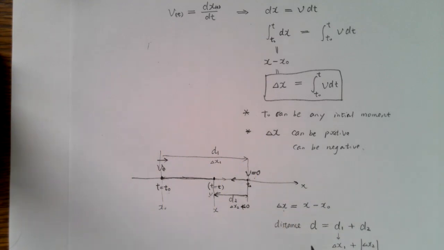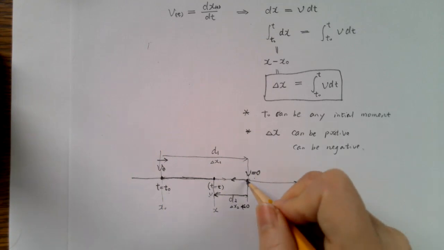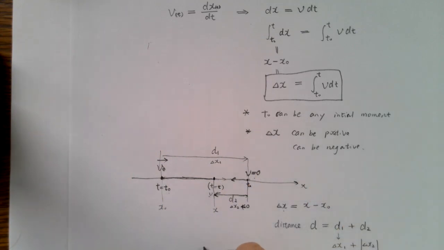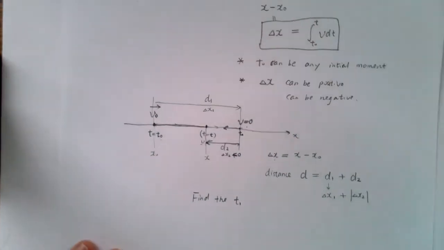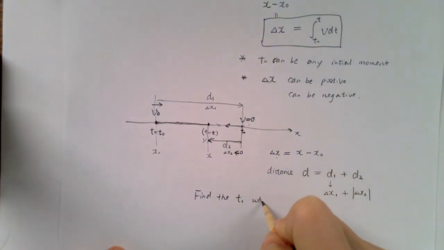So for one of our problems in the homework, I want you to pay attention to this and figure out the moment. So find the moment, we call it t1, when v turns to 0.